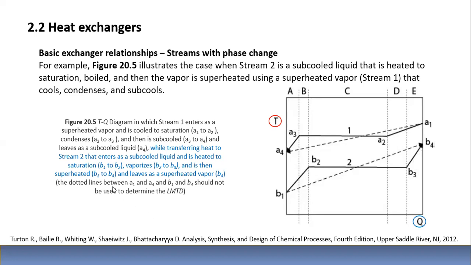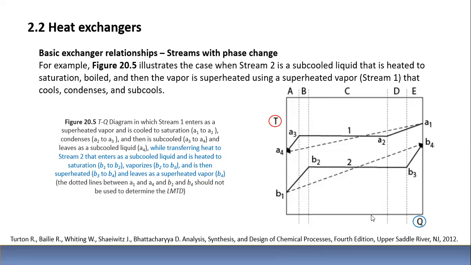Assessing here, the dotted lines between A1 and A4 and between B1 and B4 should not be used to determine the logarithmic mean temperature difference. That is, if you do a calculation on this temperature of the superheated stream minus this temperature of the subcooled liquid, then you probably will have an error.